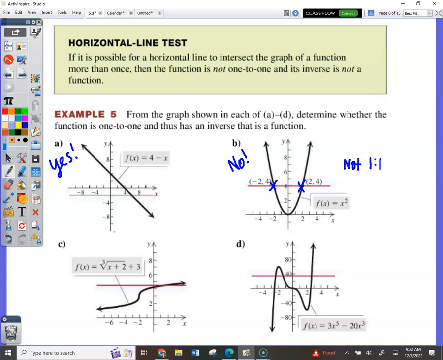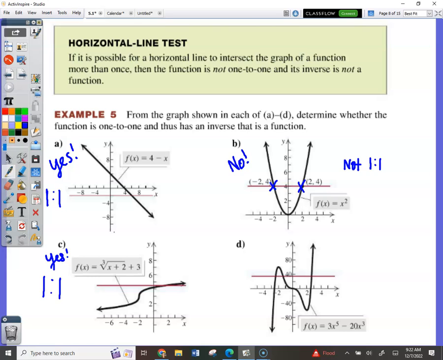C, yes. C is passing the horizontal line test. This means it is 1 to 1. Same thing here. It is a 1 to 1 function. Meaning the T-chart would be a list of distinct numbers, never repeating.